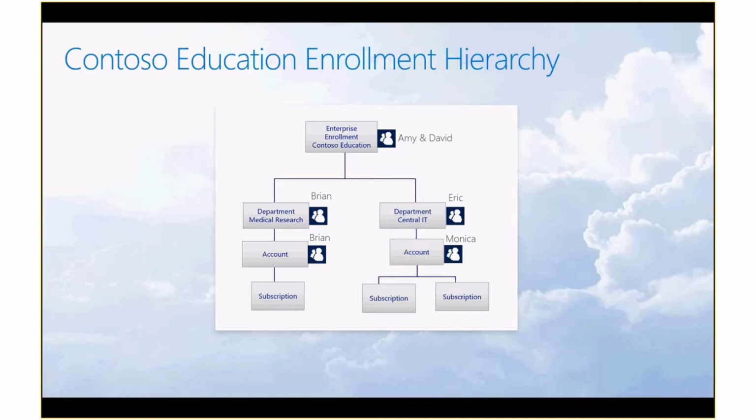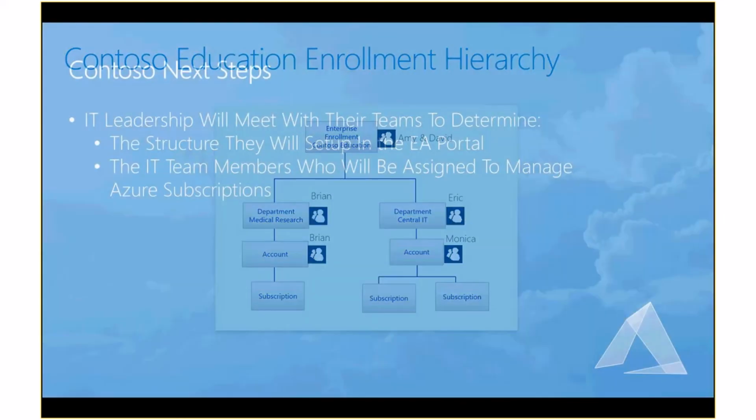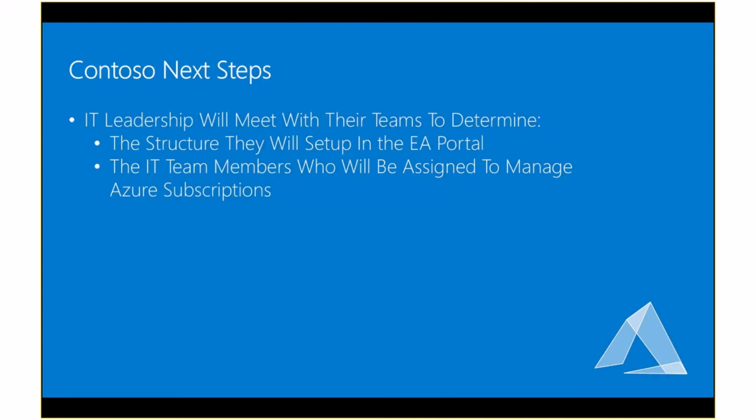Yep, and we'll go into those details in later videos of now that you have a subscription and you want to grant other folks access, be it administrators, contributors, maybe just reader roles, then Brian and Monica will be able to delegate those roles, and we'll go over that more in detail. All right, so where are we for next steps for Contoso?